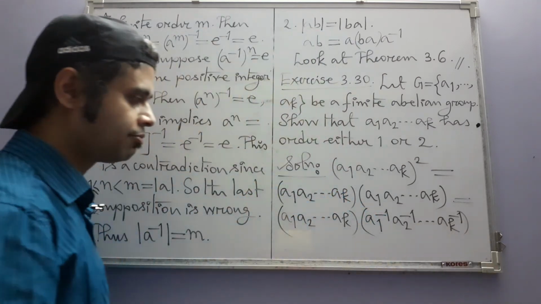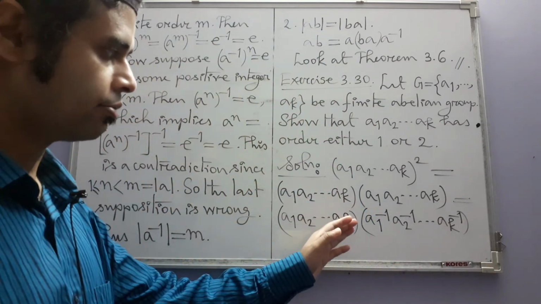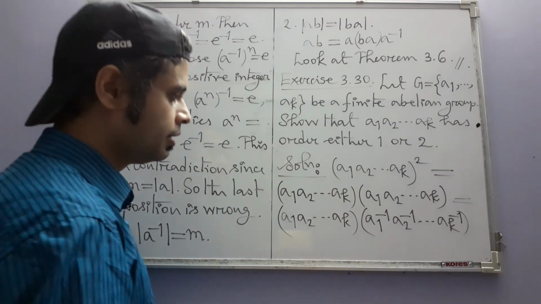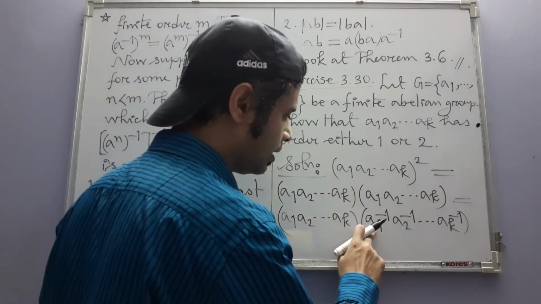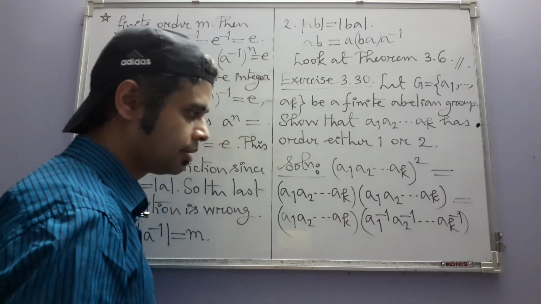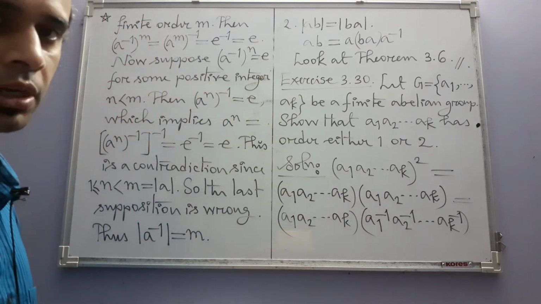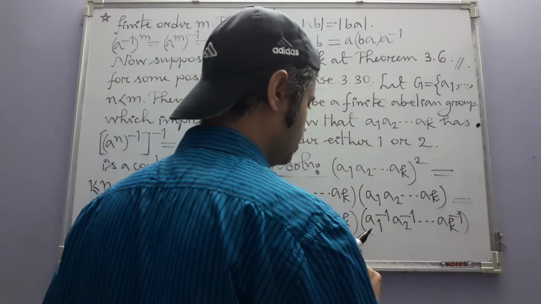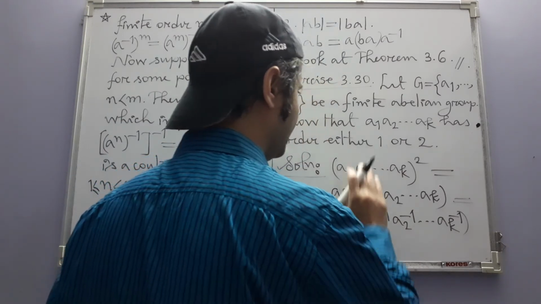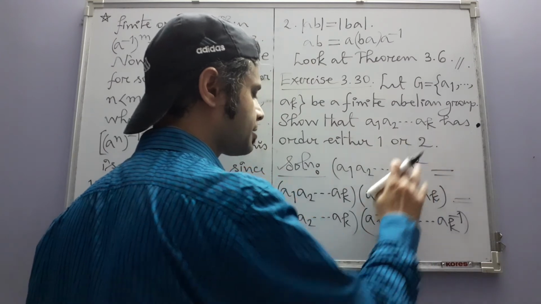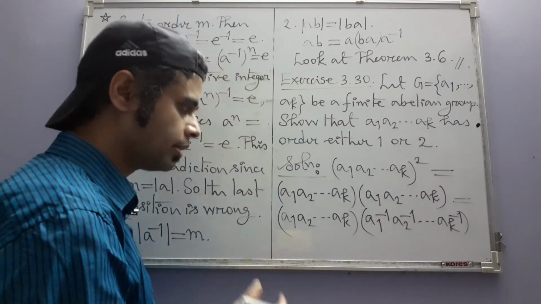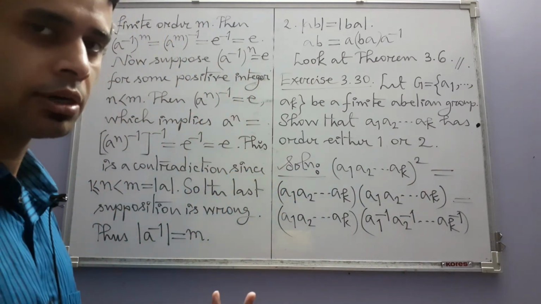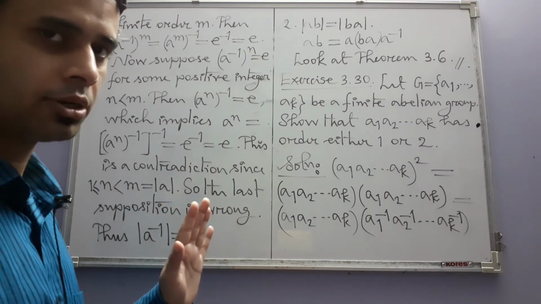Now the way I have written it here, it may look a little confusing. It seems like I have written A1 inverse in place of A1, A2 inverse in place of A2, and so on. But no, that is not the thing. You see, every element has an inverse. That inverse may or may not be equal to the element. We don't bother about that.